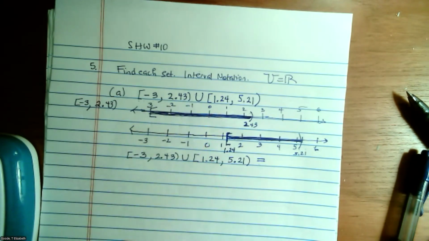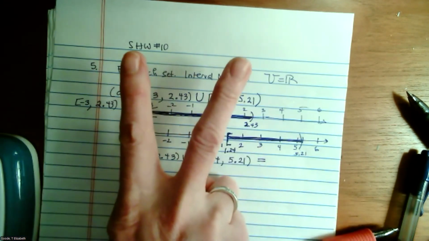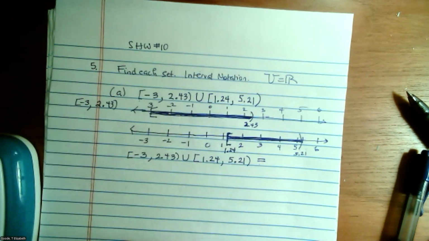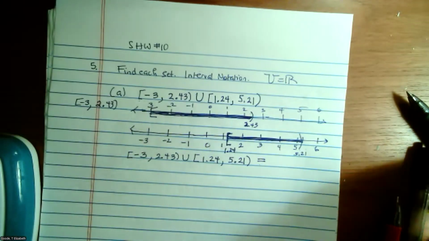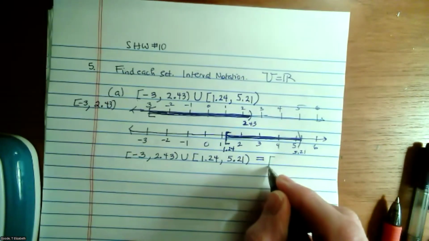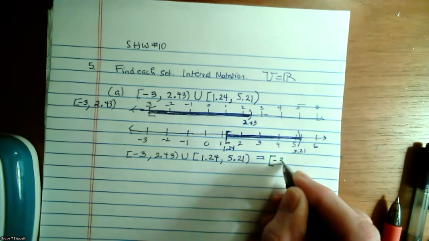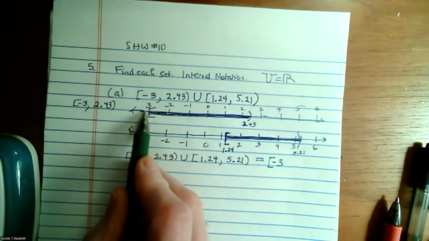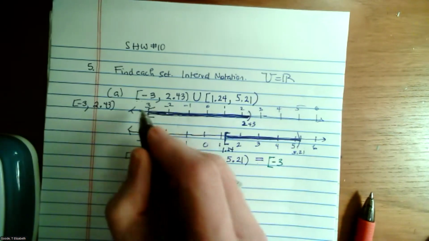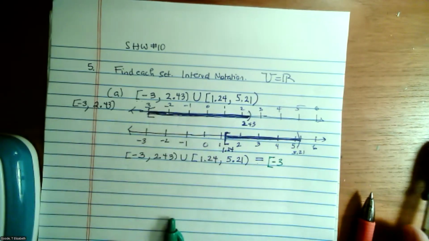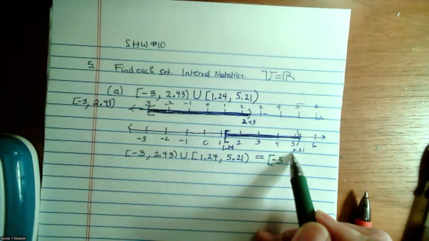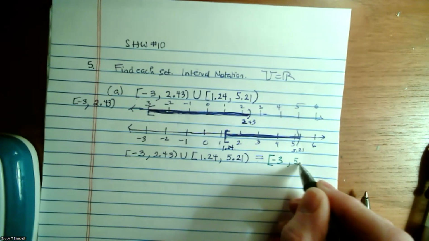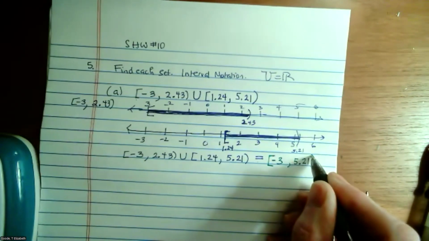I think one of your issues is you don't know the difference between a union and an intersection. The union looks like the OR operator: everything that's here or here. So -3, we use a square bracket, right? Because -3 is part of this set. So we're going to include -3. And how far do we go to the right? To 5.21, with a soft bracket. We're not including it.